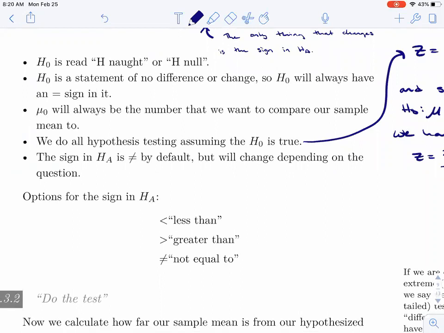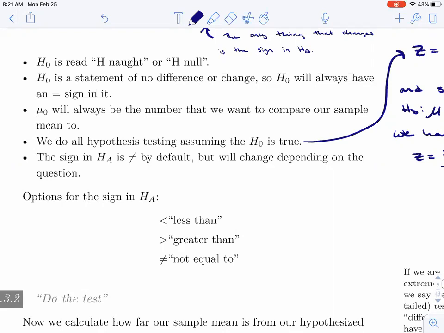I was not. So we've got three options: less than, greater than, or just not equal to. The thing with the first two is that you're only concerned with one extreme. Either something is significantly less than some hypothesized number, putting it down on the lower tail, thinking about our normal distribution, or greater than, then your sample mean is significantly above your hypothesized mean.